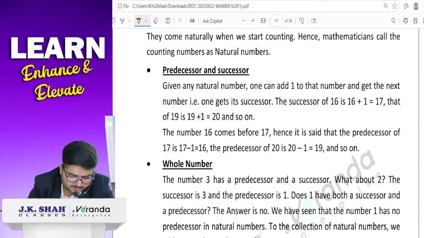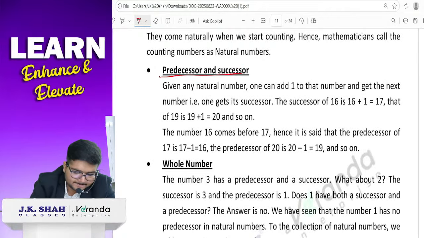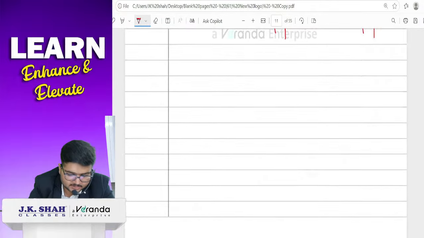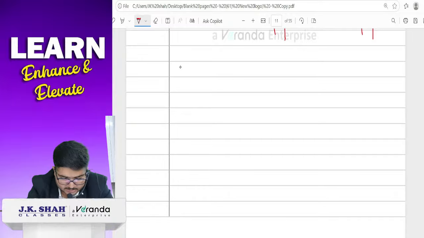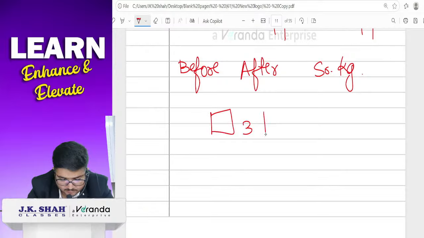Let us move forward to the next topic, that is predecessor and successor. Very basic topic. What is predecessor and successor? You must have learned a topic called before, after, right, in your senior KG. Now what comes before 3 and what comes after 3?